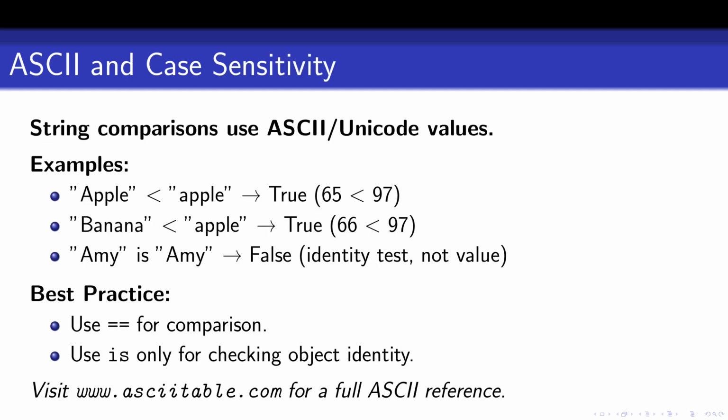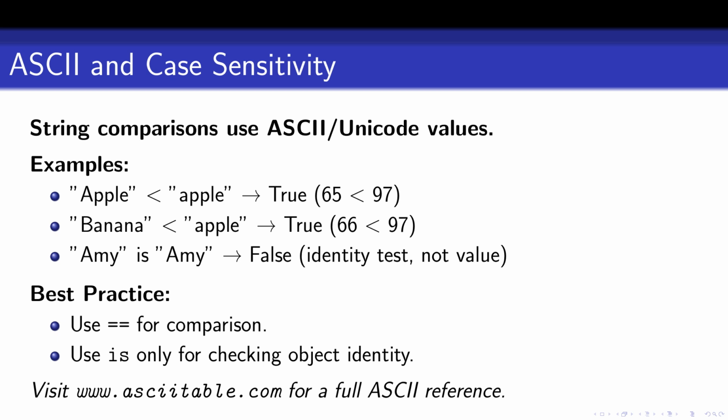Since string comparisons rely on ASCII or Unicode values, the case of letters matters. Capital letters have lower ASCII values than lowercase letters, so 'Apple' with a capital A is considered less than 'apple' with a lowercase a. This means that sorting or comparing strings can yield surprising results if you're not accounting for case. For example, 'banana' < 'apple' evaluates to true.